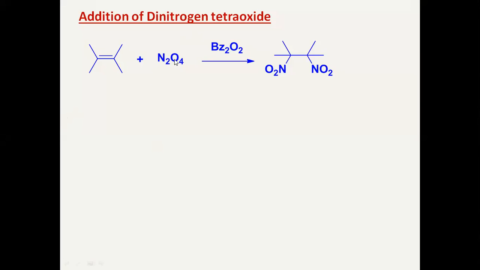The nitrogen-nitrogen bond breaks, generating nitrogen dioxide, NO2, free radicals, and these free radicals attack the carbon-carbon double bond and form vicinal dinitro compounds.